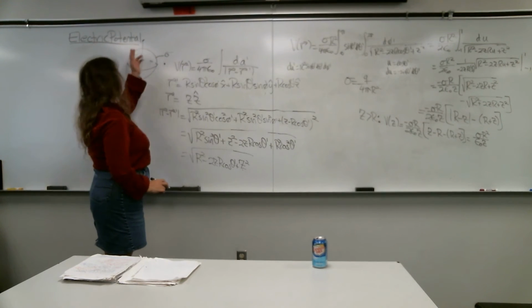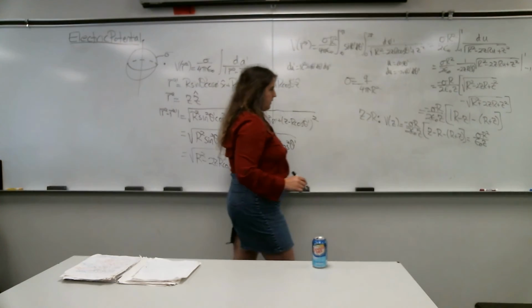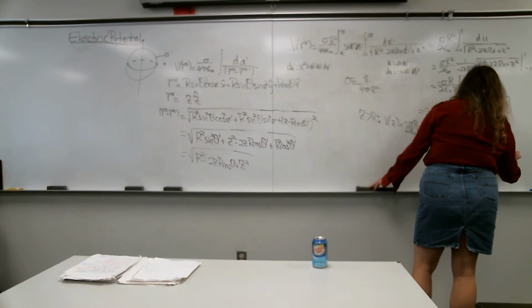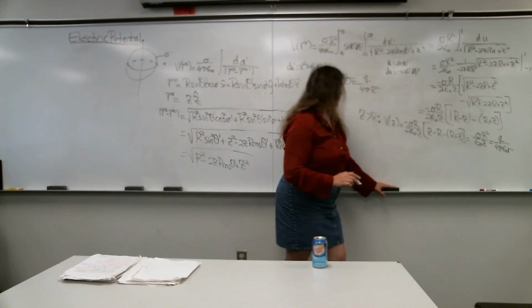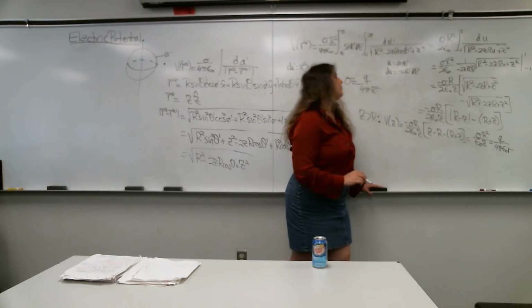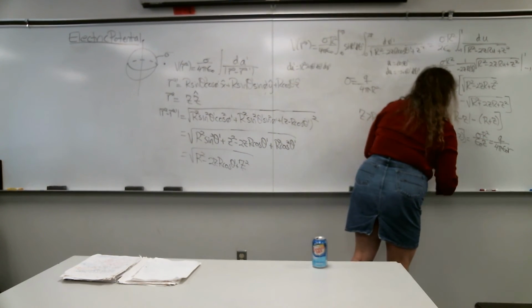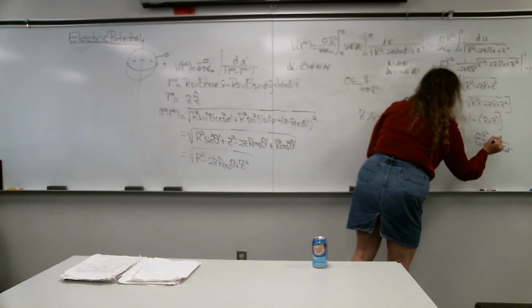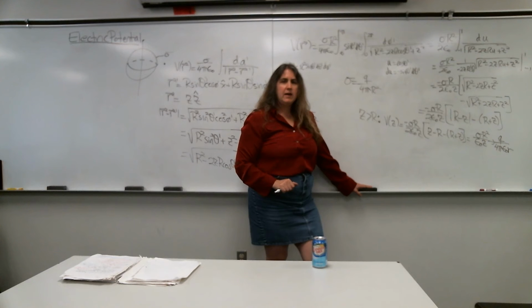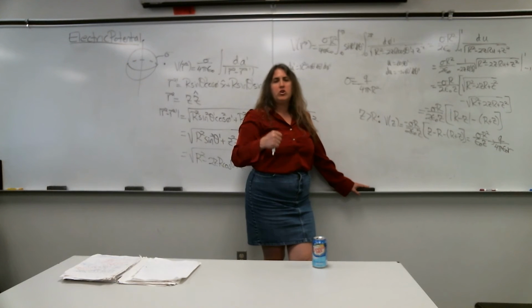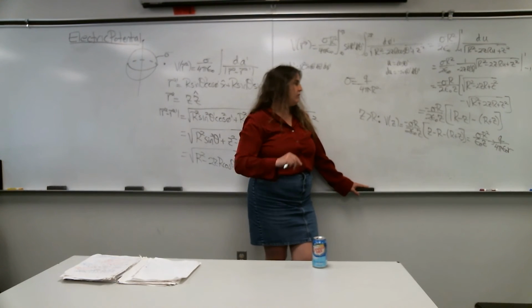It has to have the same value if you're equidistant from the center. So with that in mind, my potential outside goes as Q over 4 pi epsilon naught r. Once again, we regain that same answer that we got knowing what the electric field was and then evaluating that line integral. And notice again, it's as if all the charge were concentrated at the center of the sphere. That's what potential you get.